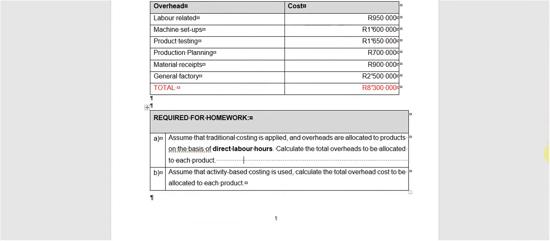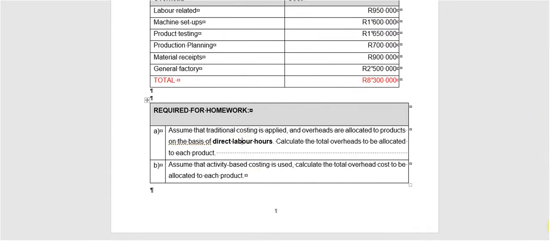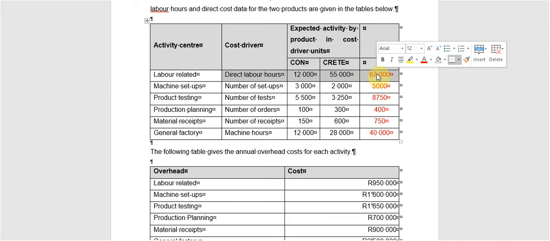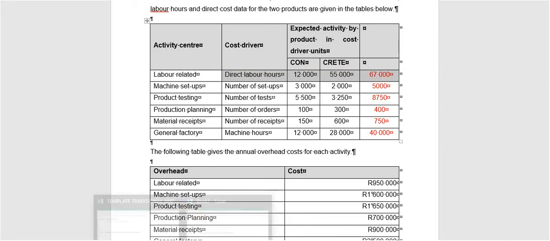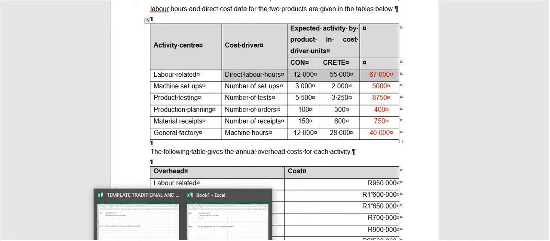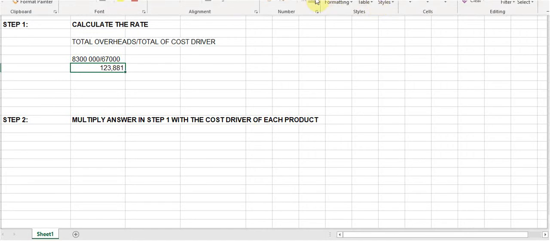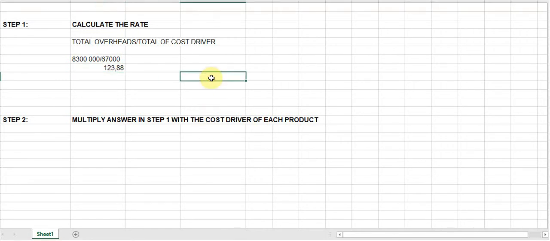They say the cost driver should be the direct labor hours for the traditional costing. If I go to direct labor hours, the total was 67,000 direct labor hours. So I'm going to divide by that. If I do this calculation, I get to my rate, and it's 123 rand, rounded to 2 decimals, and 88 cents.